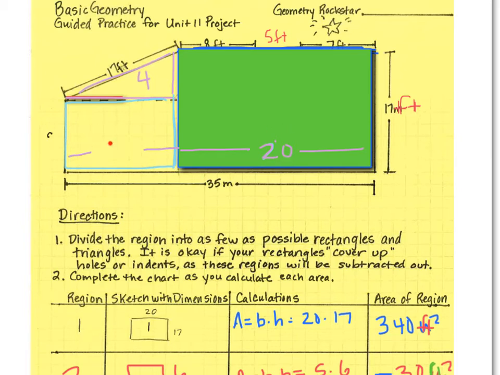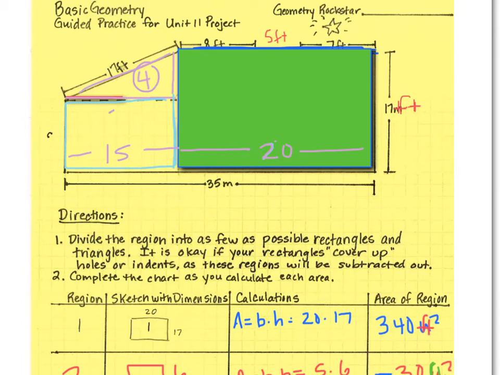So 20 plus what is 35? Well, if you subtract those two, you'll come up with 15, which represents the base of the rectangle. It's also the base of the triangle.